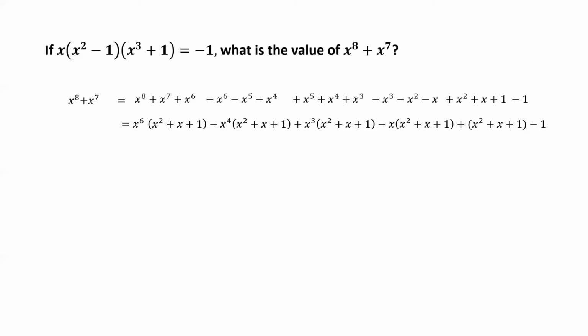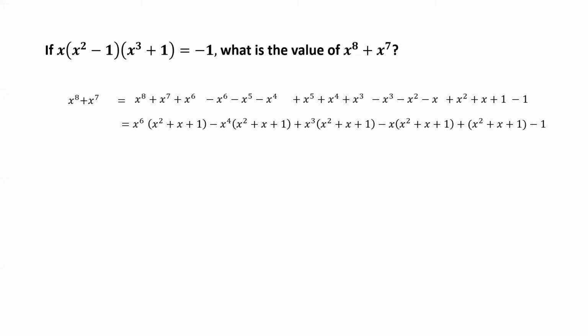From the third set, x to the power 5 plus x to the power 4 plus x cubed, I take x cubed as common, and again I'm left with x squared plus x plus 1 within parentheses. And from the set minus x cubed minus x squared minus x, if I take negative x common, again within parentheses I have x squared plus x plus 1.